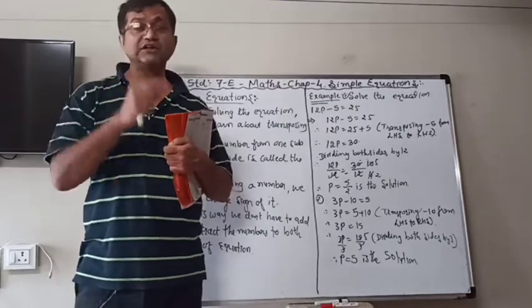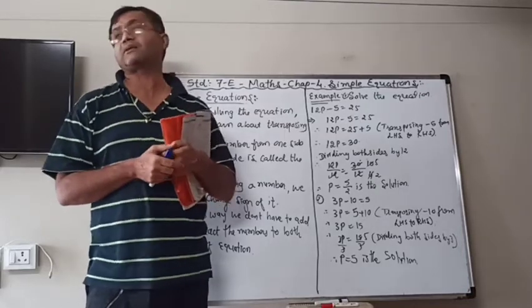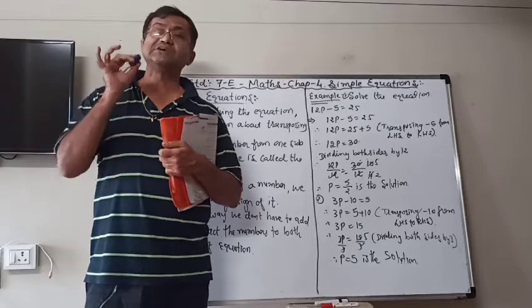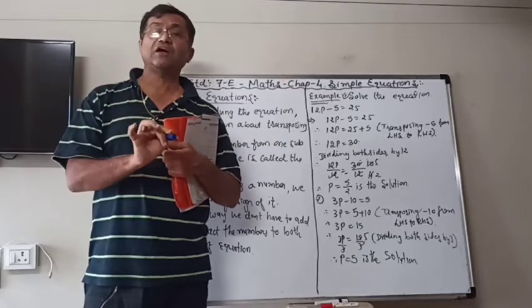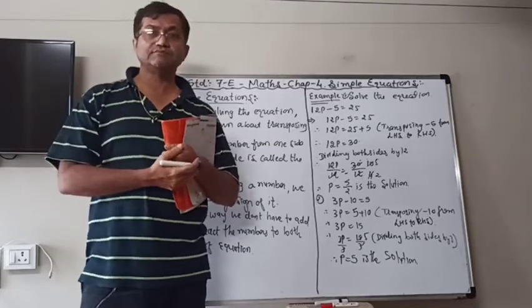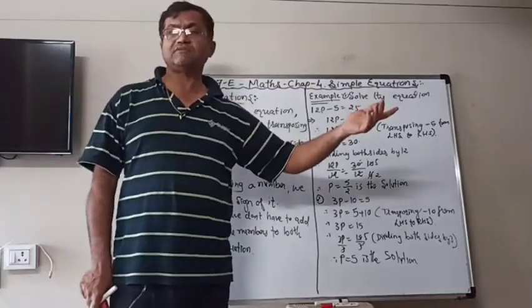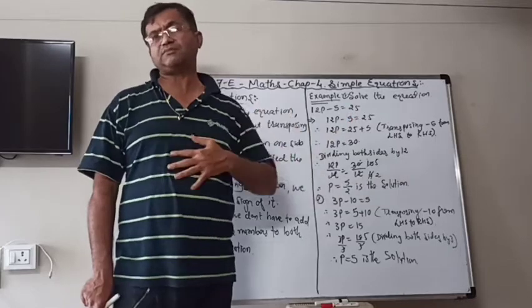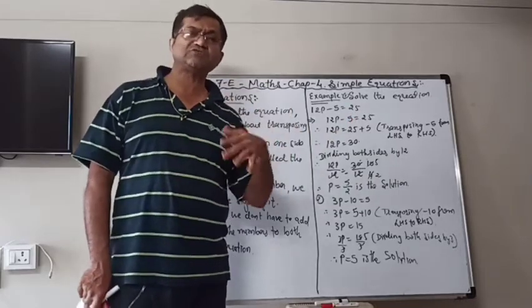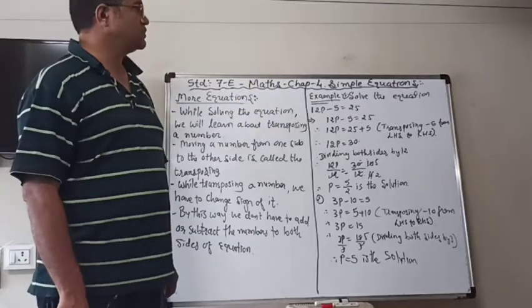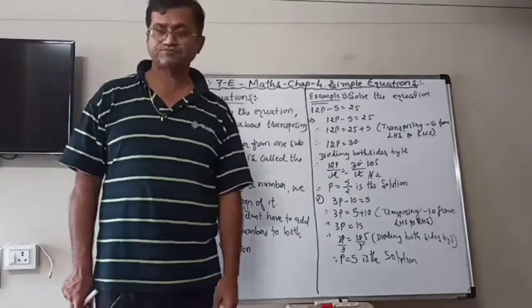But one thing, as I told you, to remember, don't forget to change the sign while transposing. Means if it is minus, it will turn to plus after it is transposed, and if it is plus, it will turn into minus. Let us understand with some examples.